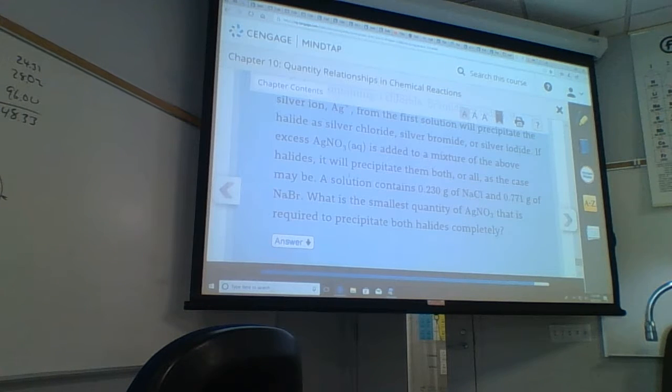For example, sodium chloride. Smallest quantity of silver nitrate. So we're doing sodium chloride plus silver nitrate yields sodium nitrate and silver chloride.